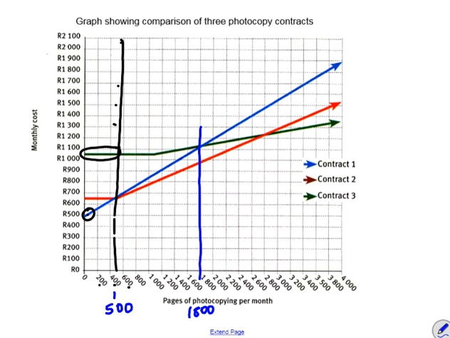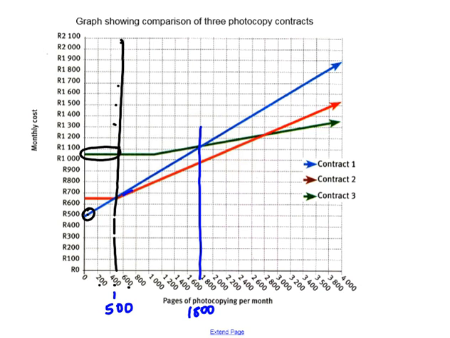Do you see that you have to look at your bottom axis as well? So if I make copies between 500 and 1,800, the cheapest contract is this red one, which is contract 2. So if I go over 500 copies, the red graph is going to be the better one. Contract 3 is still the most expensive.